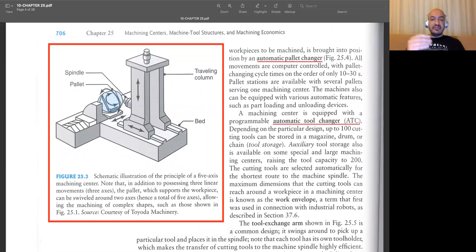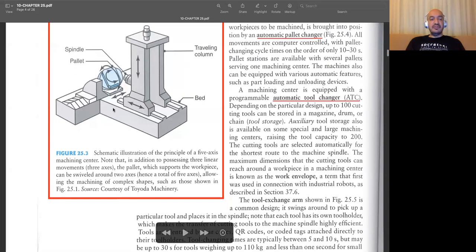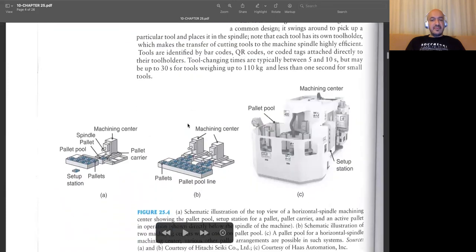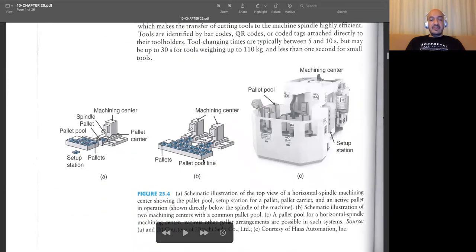If you want to do several operations, here you see a multi-axis machining center. This is 5 axis. In addition to three translational motions, we have two rotational motions. With the help of these extra degrees of freedom, you can machine highly complicated profiles. It's another example of a machining center where we use multiple pallets at the same time.